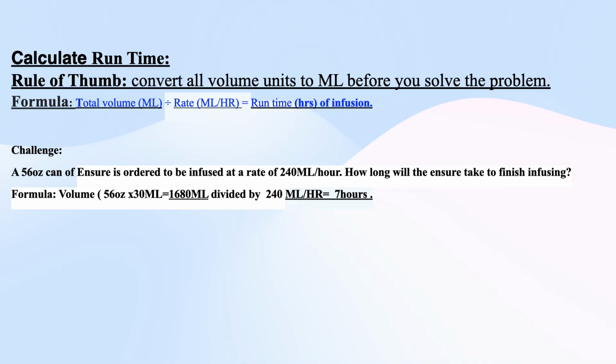Just go back and double check your steps, all right, to make sure you get them right. So runtime, volume divided by your rate is your runtime. End of story. Take your time and absorb it yourself.